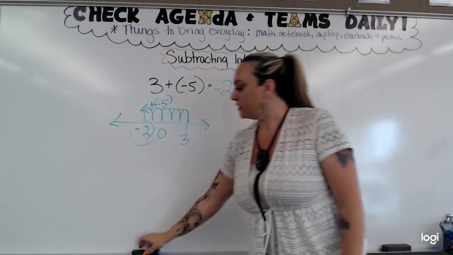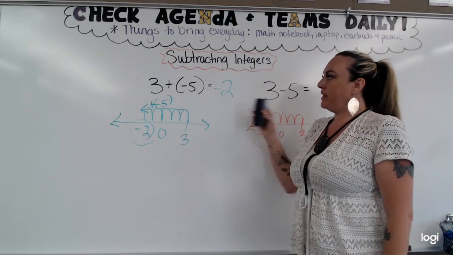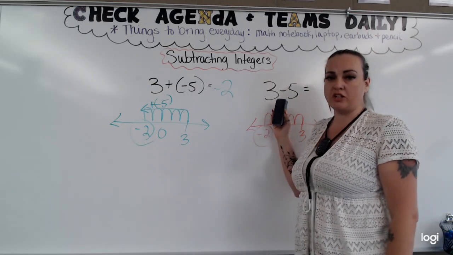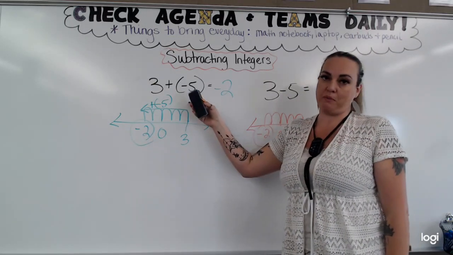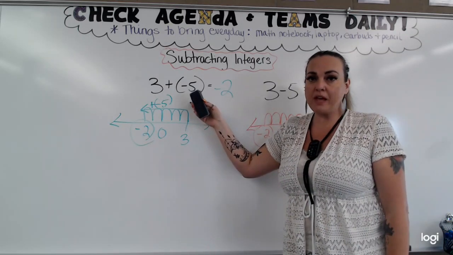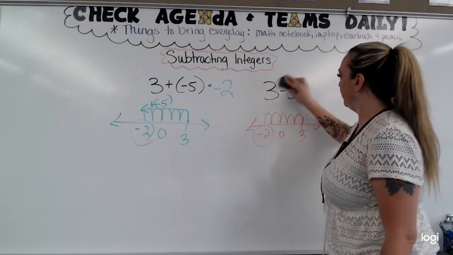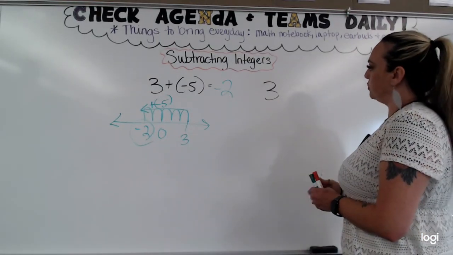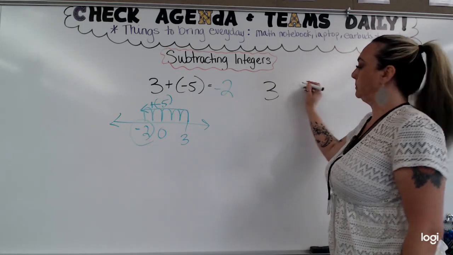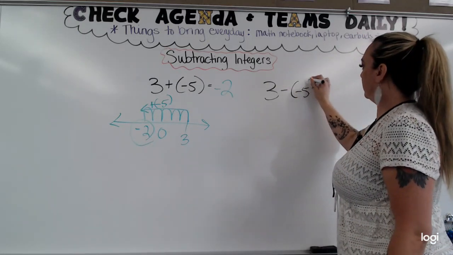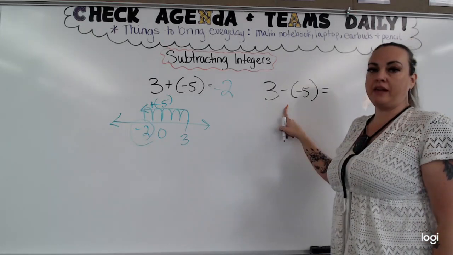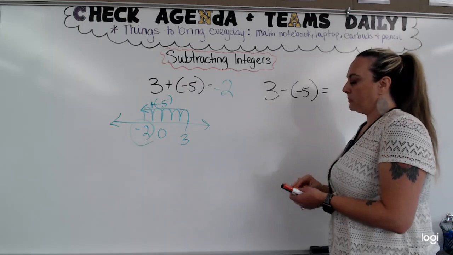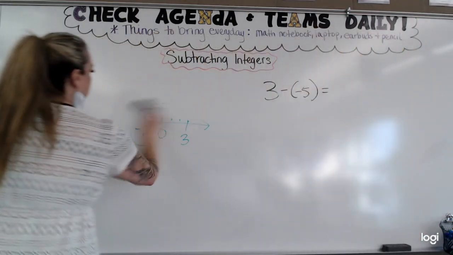So because these mean the same thing, we can actually rewrite every single subtraction problem as an addition problem. And this is going to be helpful when, instead of 3 minus 5, what if it's 3 minus negative 5? So let's do another example, and then we'll come back to that one.